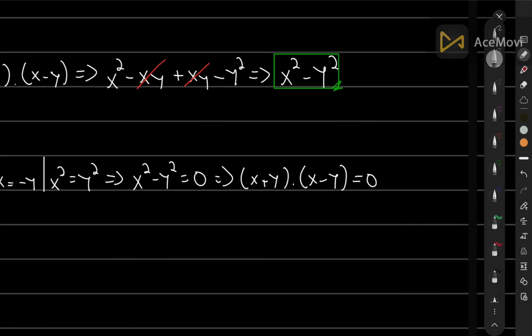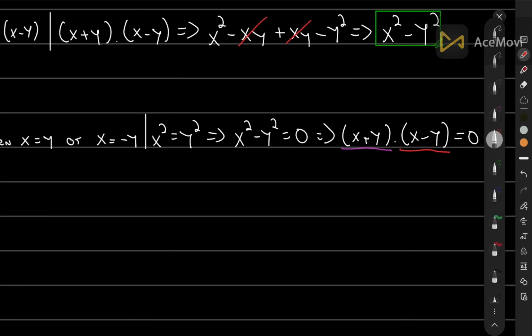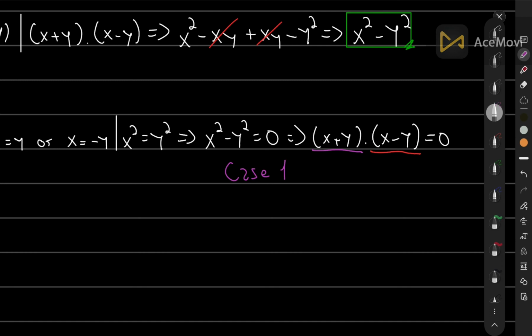So here we have two cases. We have this case right here and this one. So we have to think about both cases. If two things multiplied are equal to 0, one of them must be equal to 0.